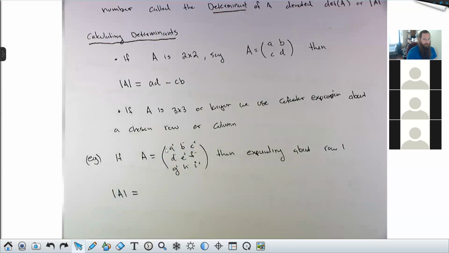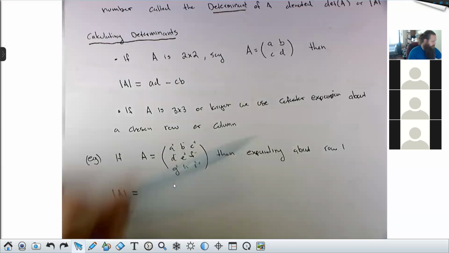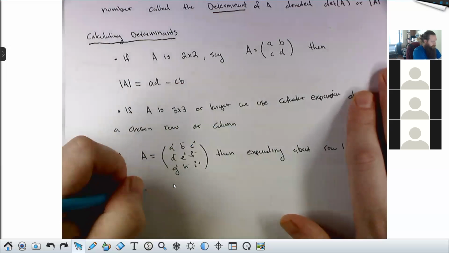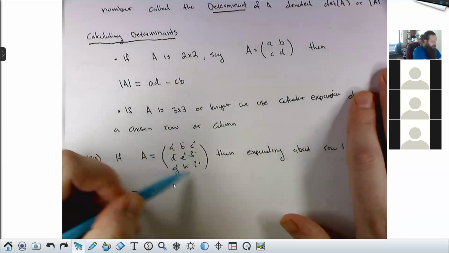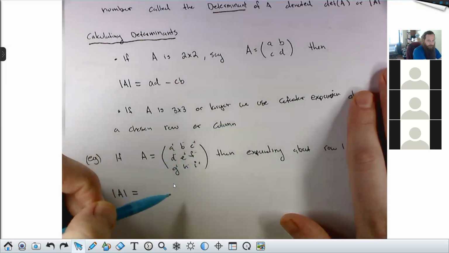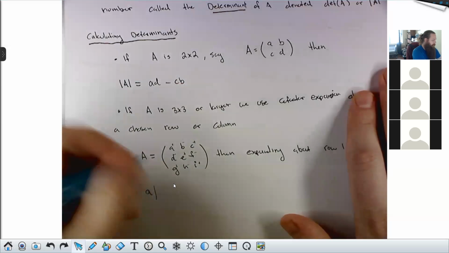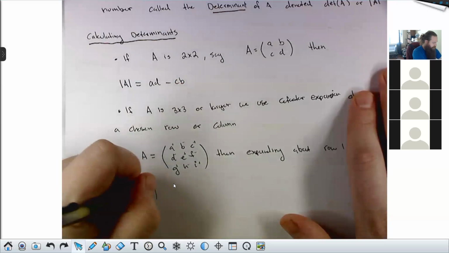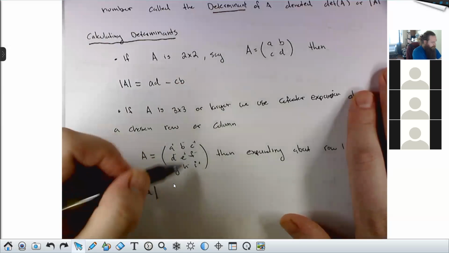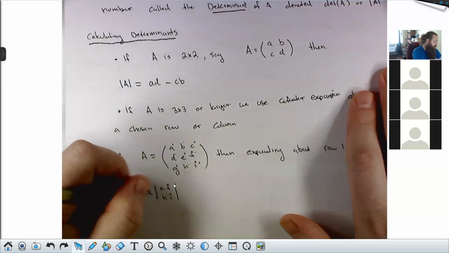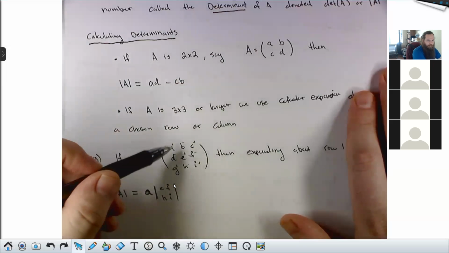So if I cover up row 1 and column 1, then the little matrix that's left over is E, F, H, I. So this is going to be A times the determinant of the little matrix here, E, F, H, I. And the A out front is positive because this guy had a plus.